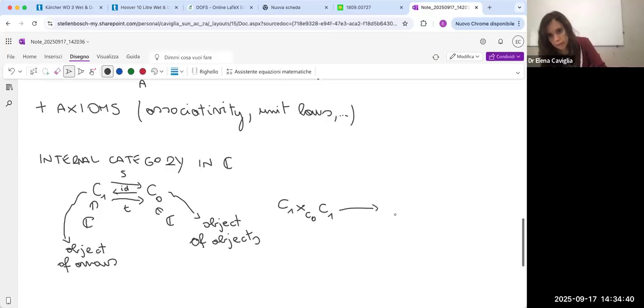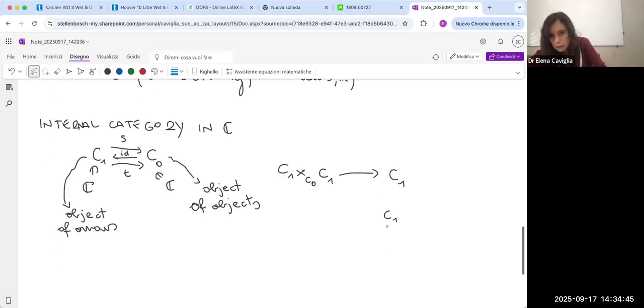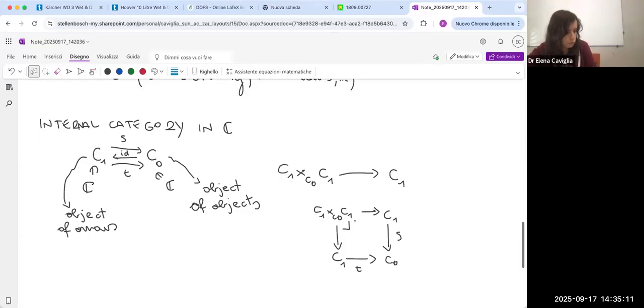And now maybe I should write the diagram. So I have C1. I can go to C0 with source or target. Now I compute this pullback. Okay, this is the pullback. And now I can consider one of the two projections, and this gives me the composition of my internal category, comp.